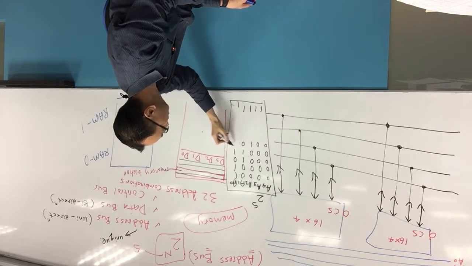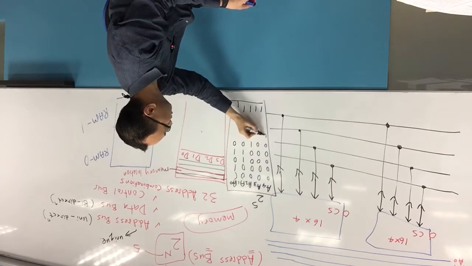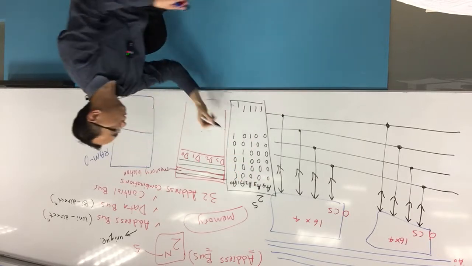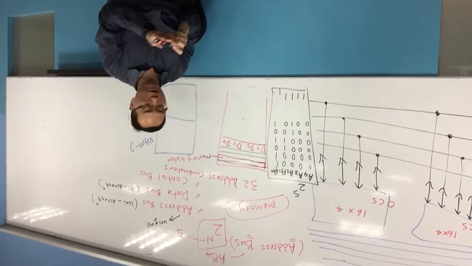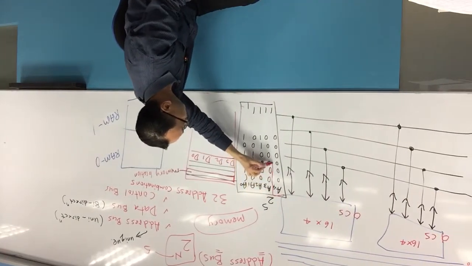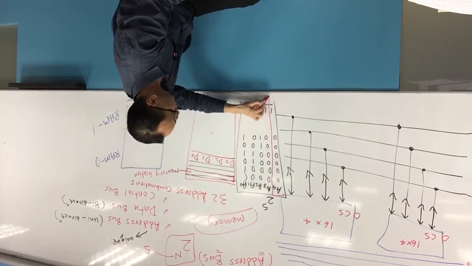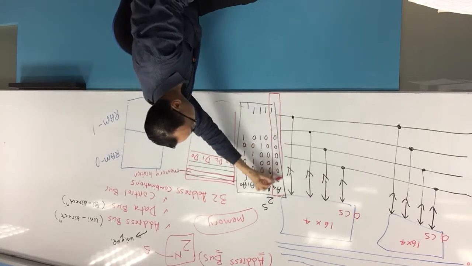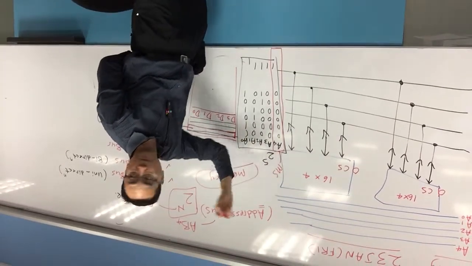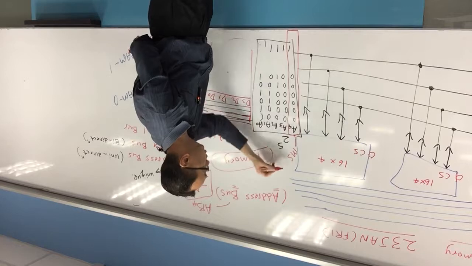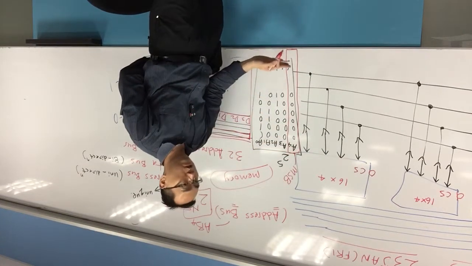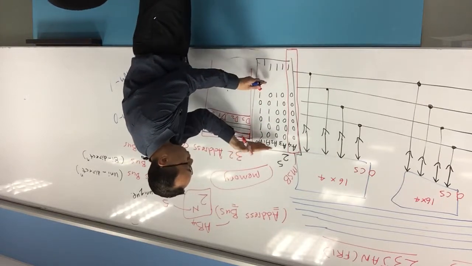But do you notice this one doesn't change until the 17th one? The uniqueness is the first bit, which I call the most significant bit, MSB. From here to here will not change.